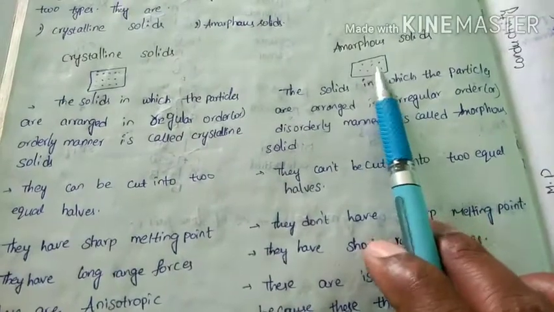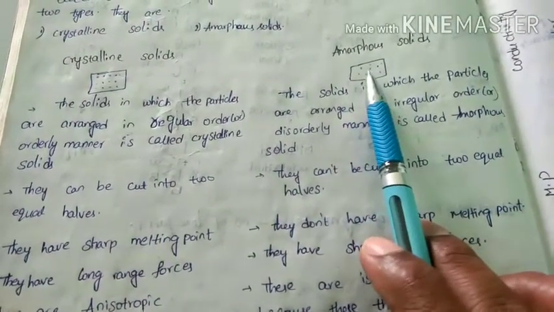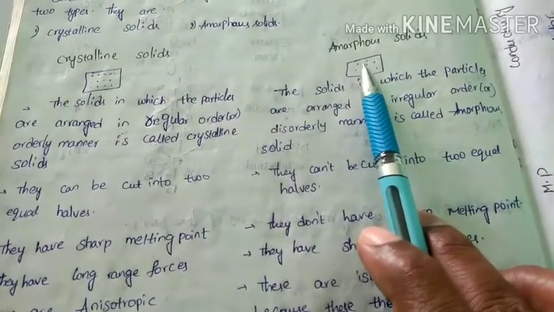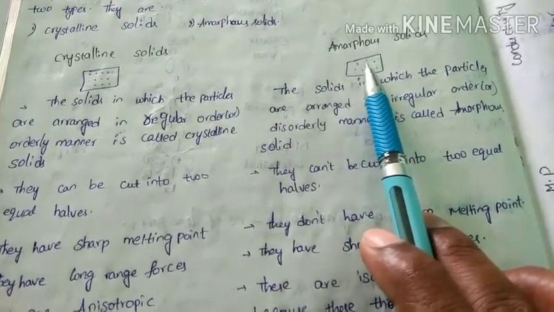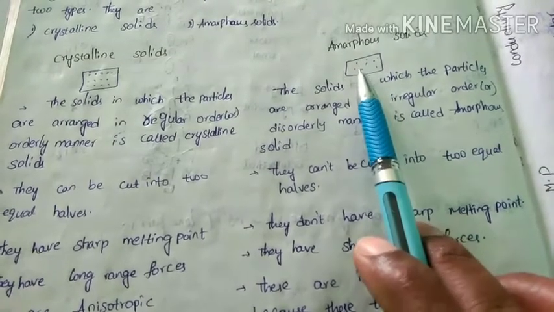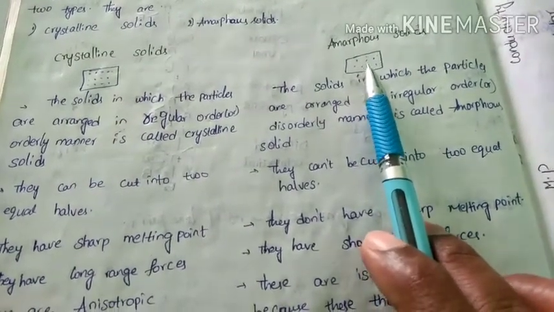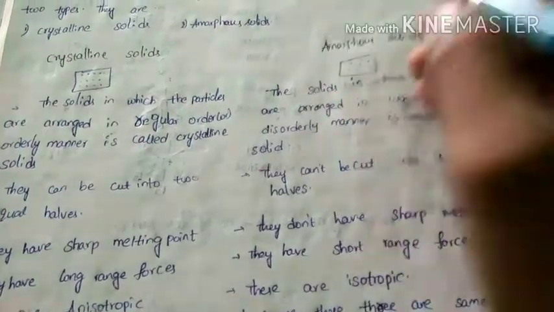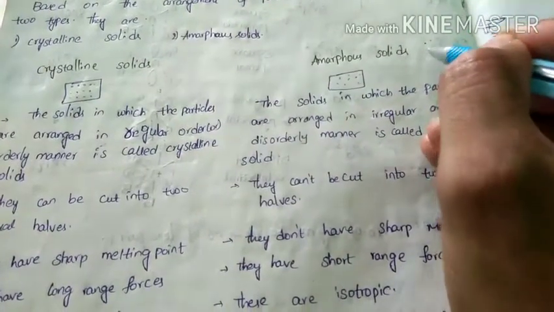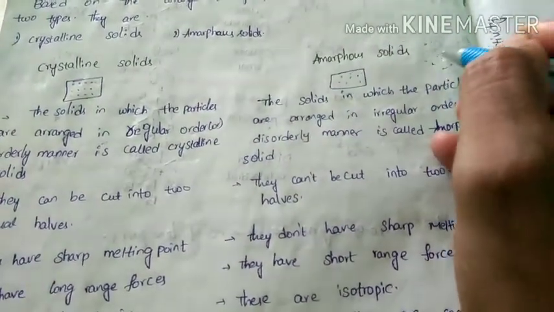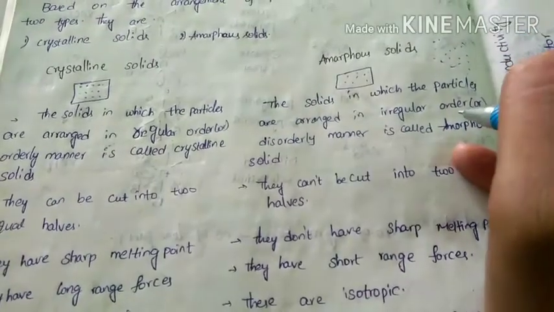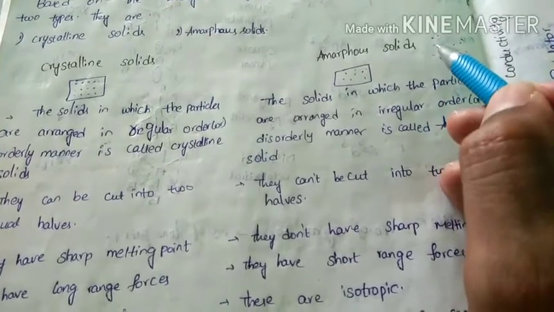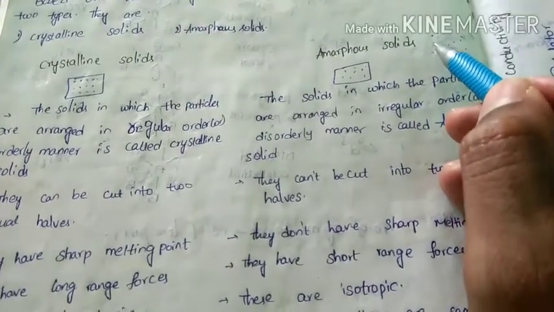But here in amorphous solids the particles are arranged in an irregular manner, so sometimes the attractions between particles are the same, but in some cases there is a chance of breaking of attraction forces. Suppose the arrangement is like this, then between these two particles attractions are more, but between these two particles attractions are less, because here the gap is somehow more.